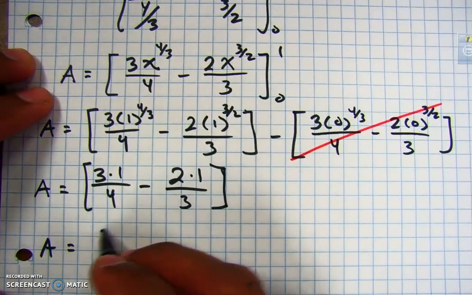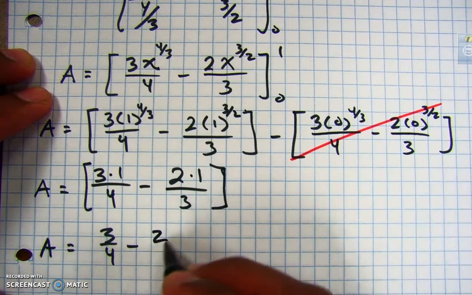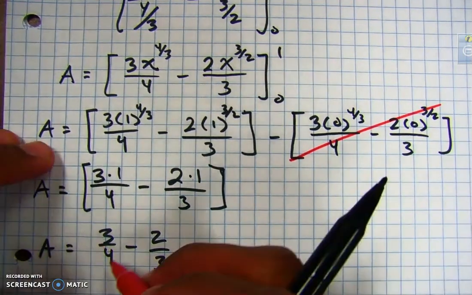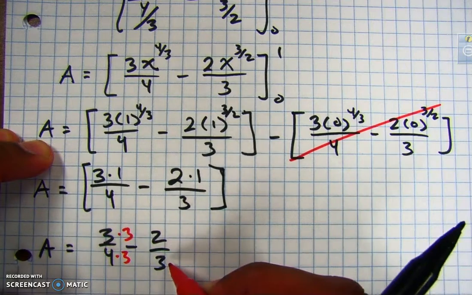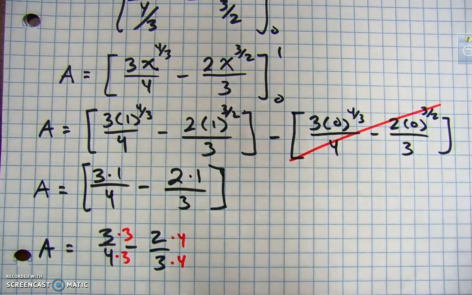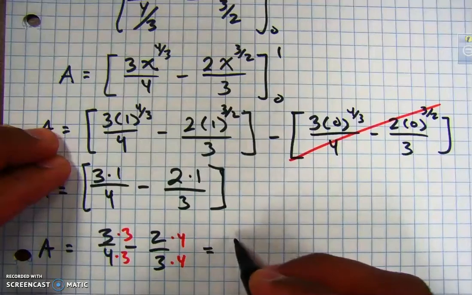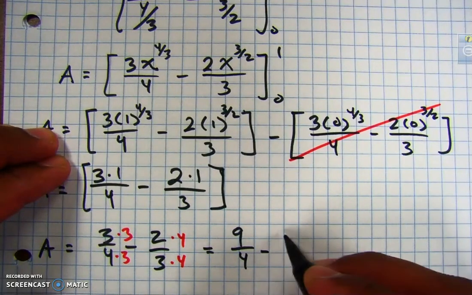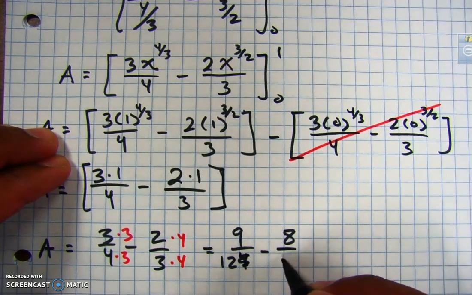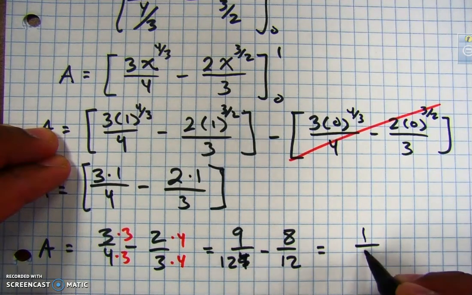So area is 3 over 4 minus 2 over 3. We need common denominators, so times 3 top and bottom, times 4 top and bottom. We get 9 over 12 minus 8 over 12, which is 1 over 12.